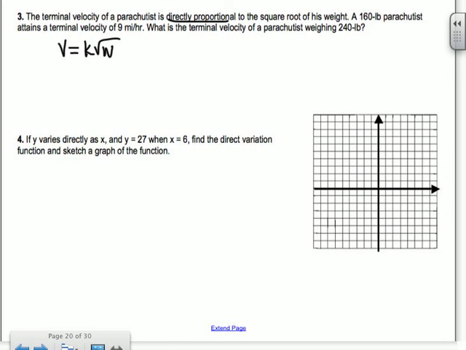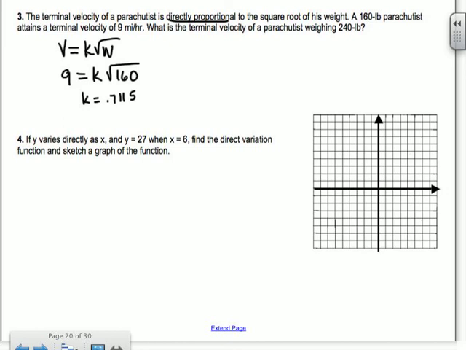A 160-pound parachutist attains a terminal velocity of 9 miles per hour. So 9 equals K times the square root of 160. Square root of 160 is like 12.649. So I'm going to do 9 divided by that answer. When I do, I get K equals 0.7115.